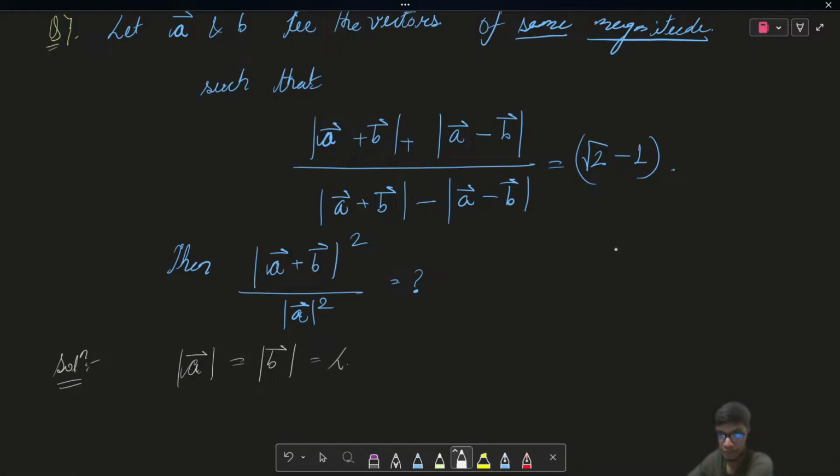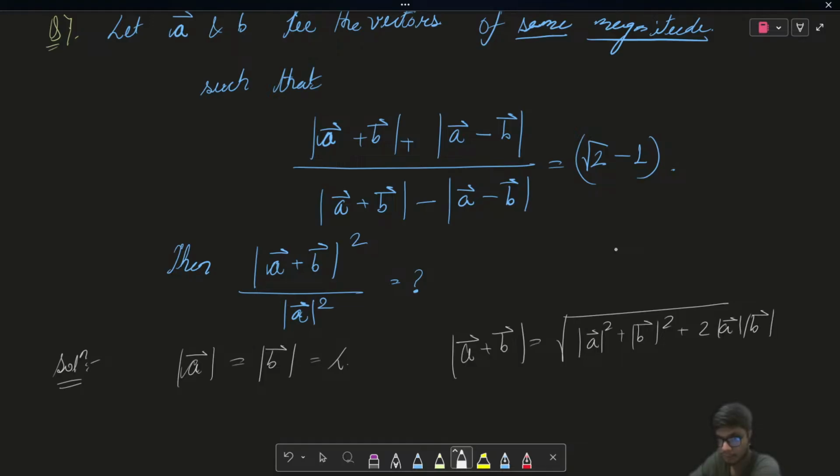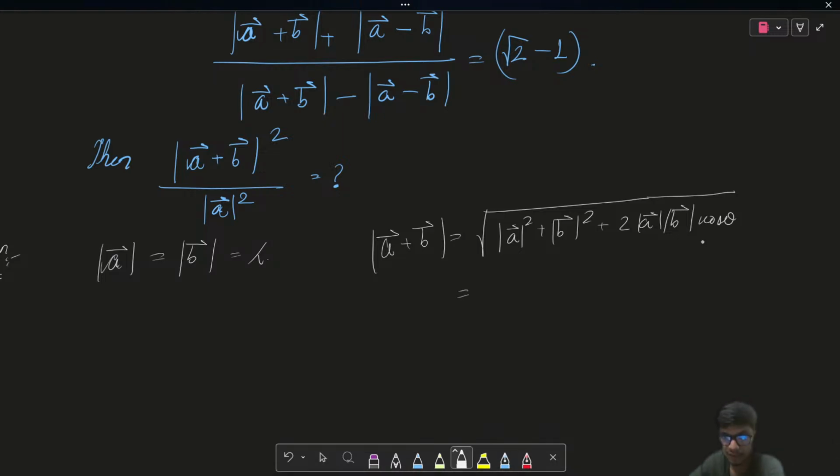Now, we have already seen the magnitude of A vector plus B vector, which was simply given as square root of mod A square plus mod B square plus 2 times mod A mod B multiplied with cosine of theta. Since mod of A and mod of B are the same, I get the square root of 2 plus 2 cos theta, with mod of A, which we assumed as lambda, coming out of the square root.